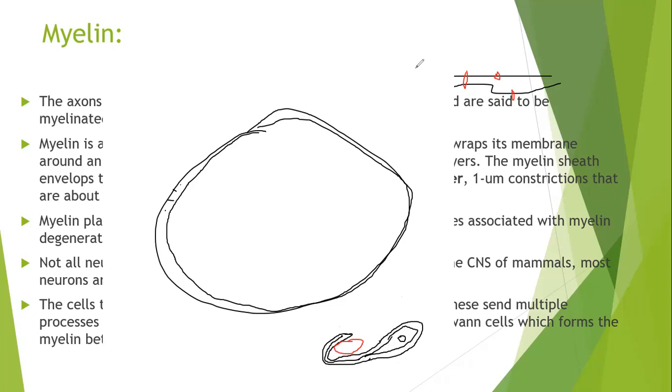When you have that, if you moved from the axon all the way to the periphery of the Schwann cell, you would find that this thick layer is actually these phospholipid bilayers with some proteins. The question is, what makes up those layers? Is it just phospholipids, or do we have other components?